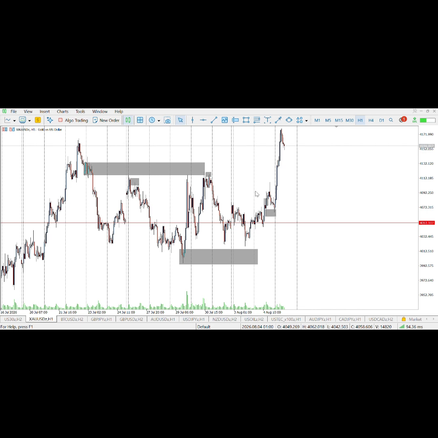These are the 4 structures that we have. If you didn't know it, check out my last video. I posted it there. Okay, so these are the 4 structures.